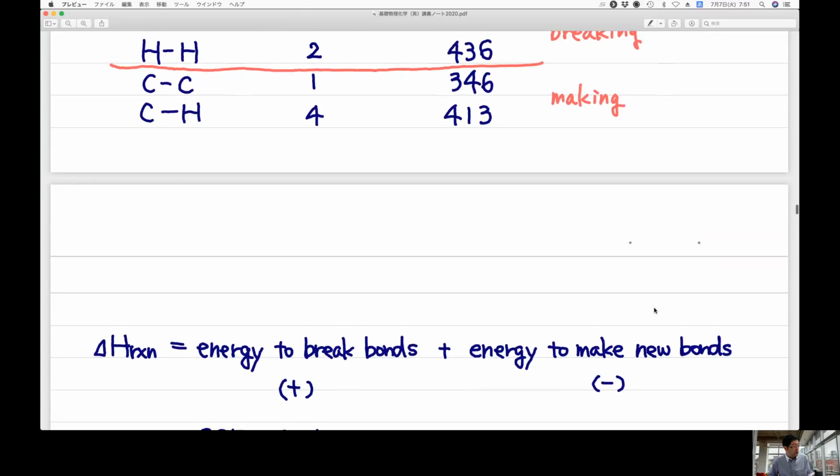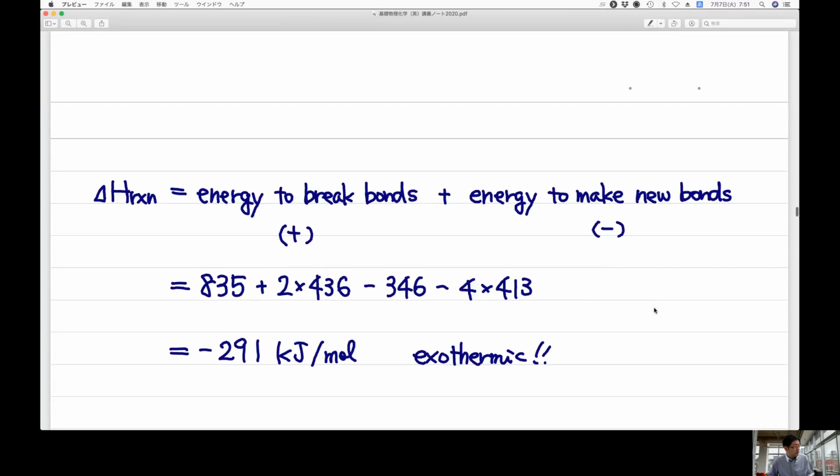All values sum up, okay? The change of enthalpy equals the energy to break bonds, positive, and the energy to make new bonds, negative. All these values sum up to obtain minus 291 kilojoule per mole.